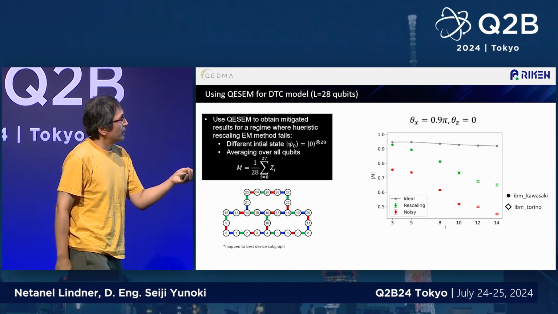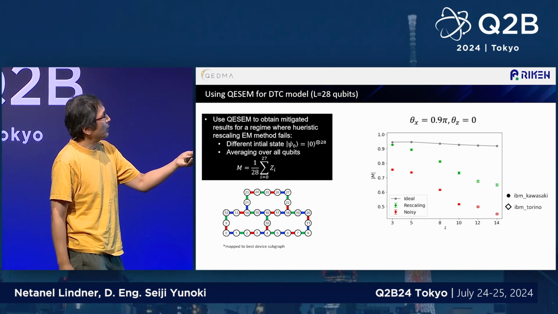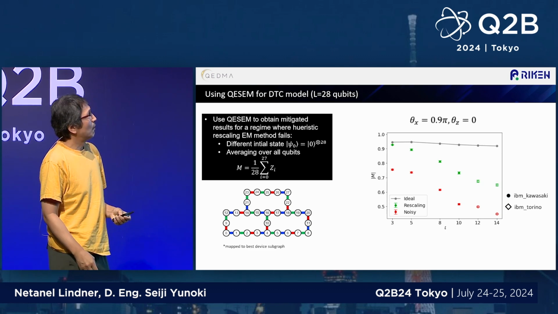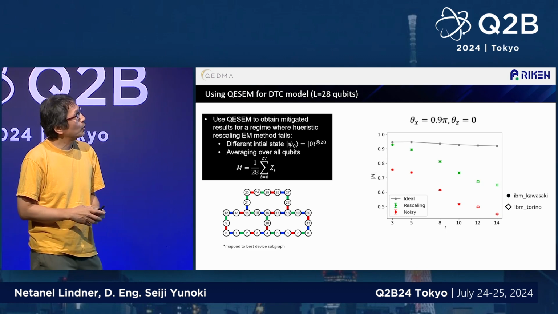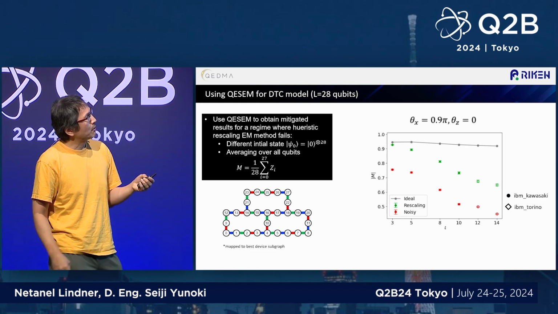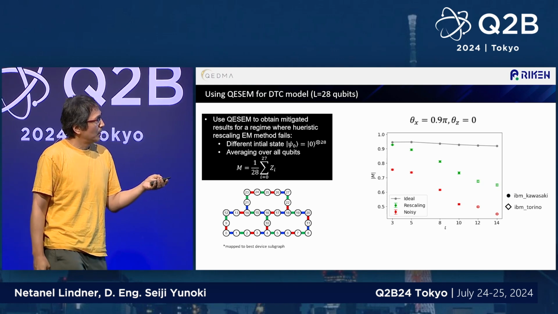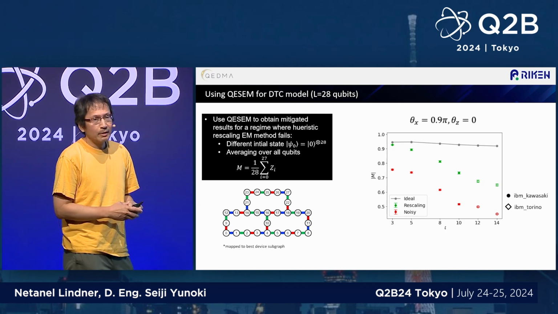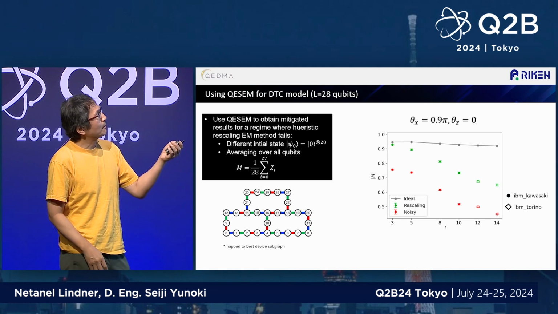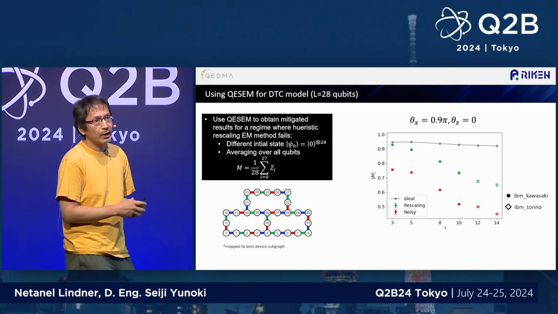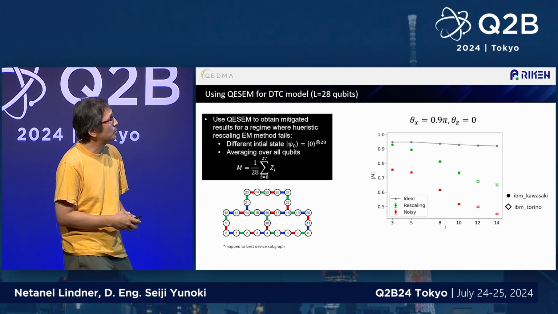And in this plot, we measure the average of the magnetization of 28 qubits using IBM Kawasaki and IBM Torino. Red are the experimental raw data, and green are the experimental data with this simple rescaling error mitigation, which clearly deviate from the exact values.